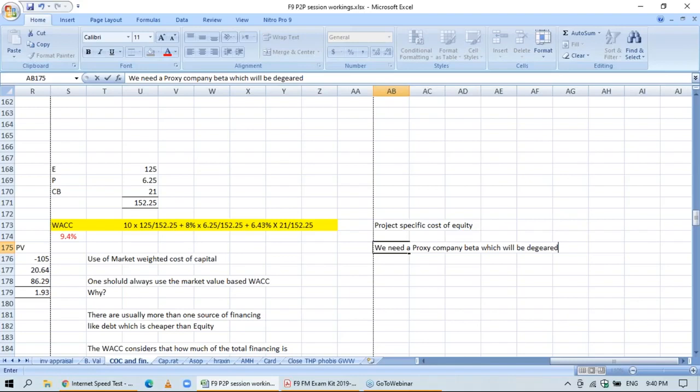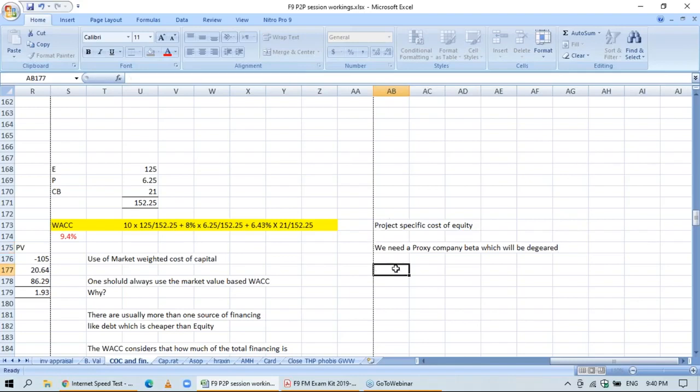So first we will remove the financial risk of the company in the automobile industry, because our financial risk and their financial risk will be different, but our business risk will be the same, because we are investing in the same sector, the automobile sector. Our project is a new one in the automobile sector, right? So the financial risk will be different.